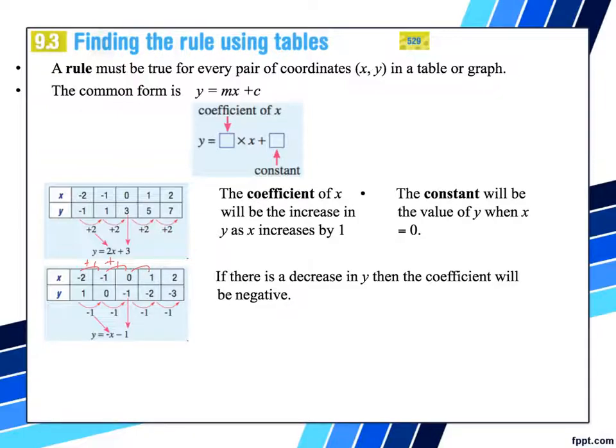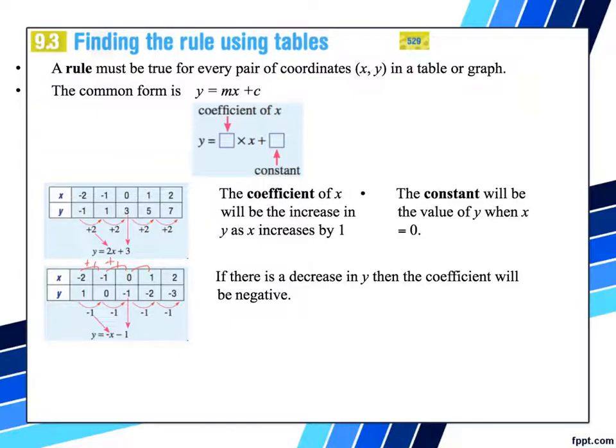As x goes up with 1, y comes down with 1. So the coefficient of x will be negative 1. Remember, we don't write a 1 over here. We don't say negative 1x, we just say negative x. And then where x is 0, there we have the negative 1.